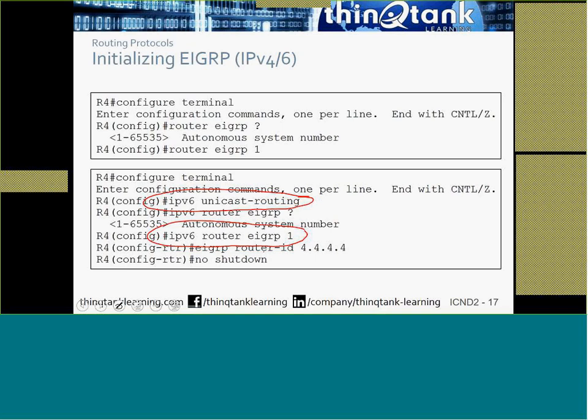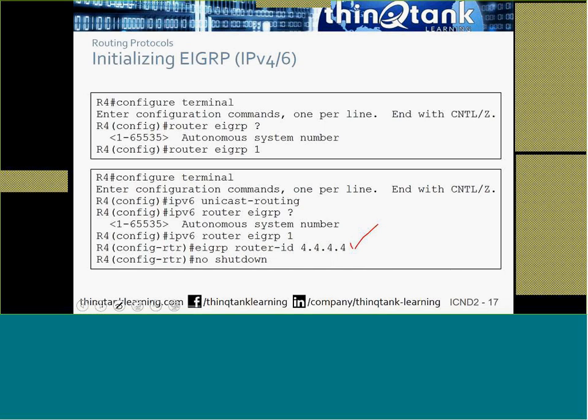Same thing, we pick an autonomous system number. It doesn't have to match the v4 autonomous system number. But you have to specify, well, we don't have to in this case because we're dual stacked, but if you were just running IPv6, you'd have to put in a router ID.